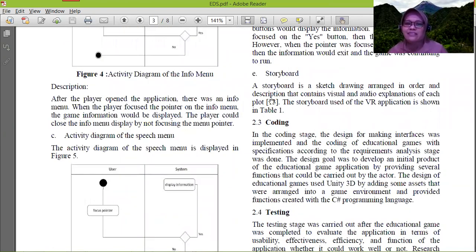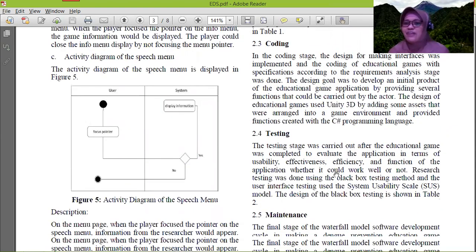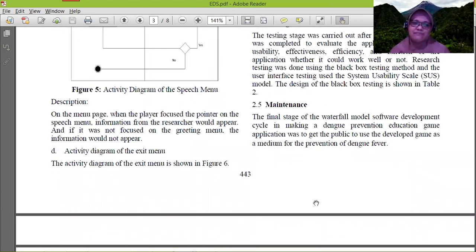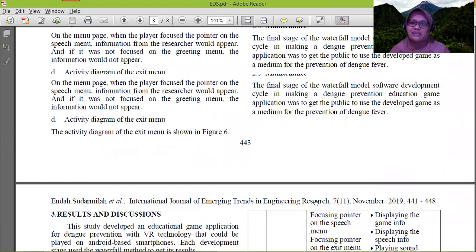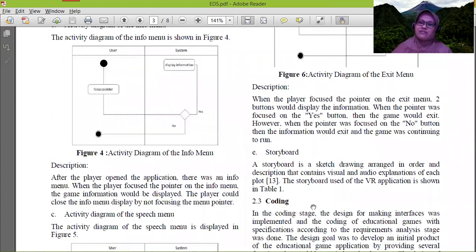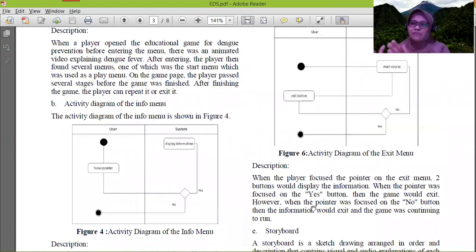After that, the waterfall steps are coding, testing, and also maintenance.